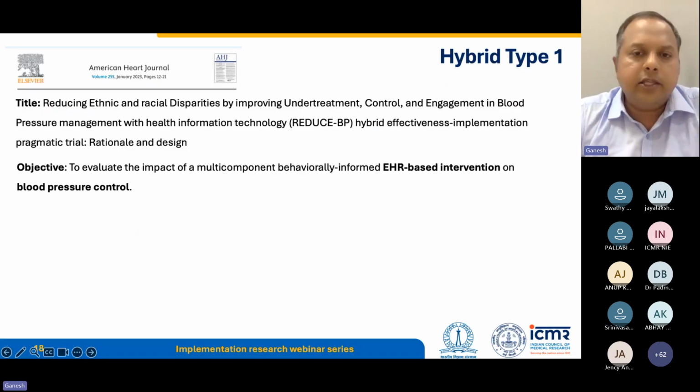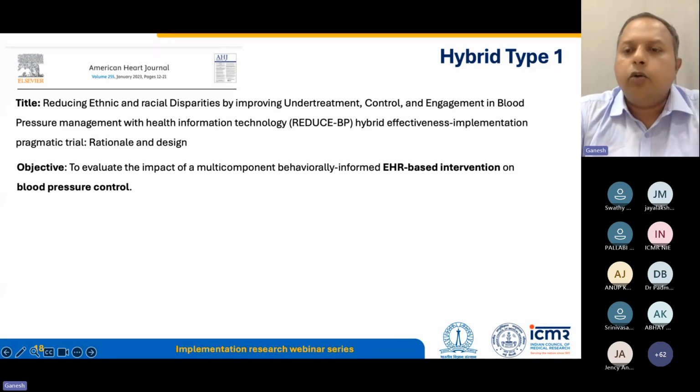Hybrid type 1: this particular study, published in the American Heart Journal, is about reducing ethnic and racial disparities by improving under-treatment, control, and engagement in blood pressure management with health information technology, which is a hybrid effectiveness implementation pragmatic trial.